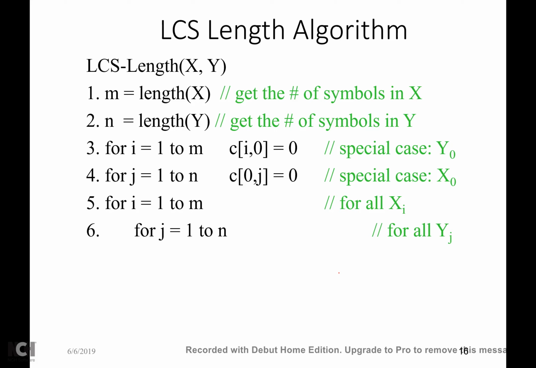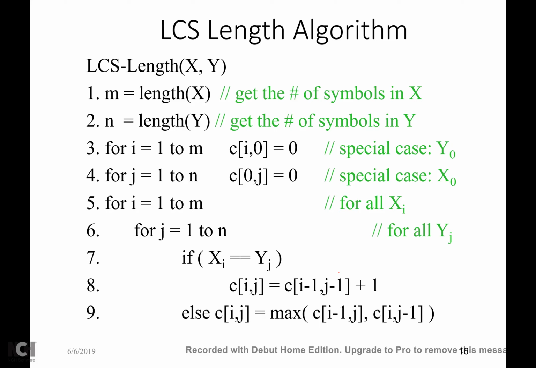And then we fill in this dynamic table from the lower index i and lower index j. We focus on this recursive solution based on two conditions: xi equal to yj or not. If it's the same, then we check c[i-1, j-1] and plus 1. Otherwise we pick up the maximum from one of the other cases.